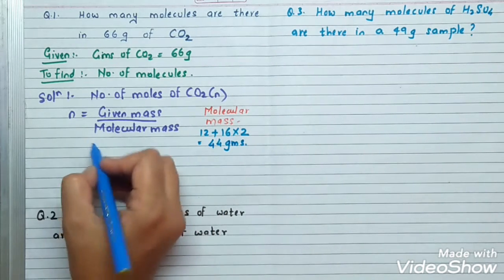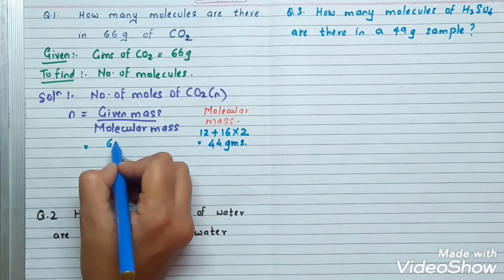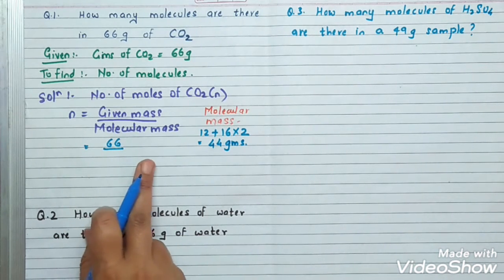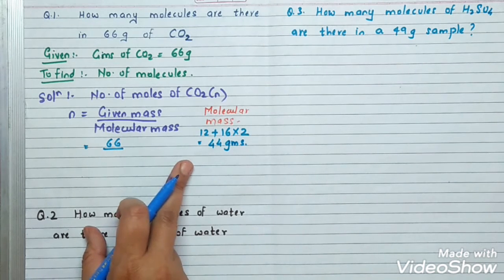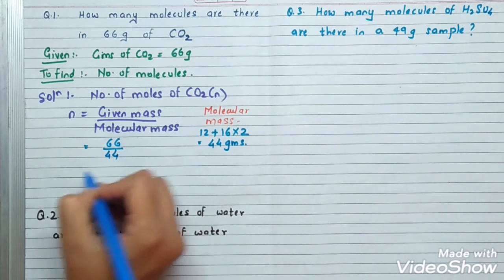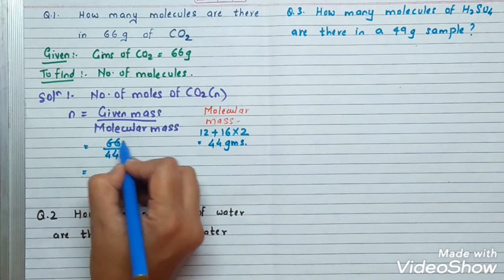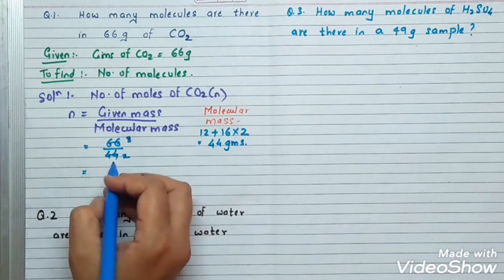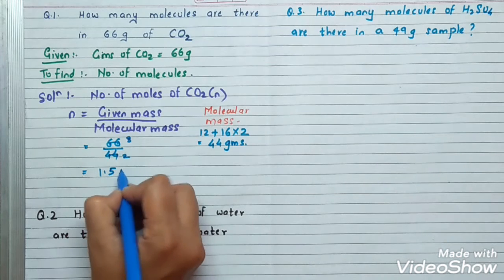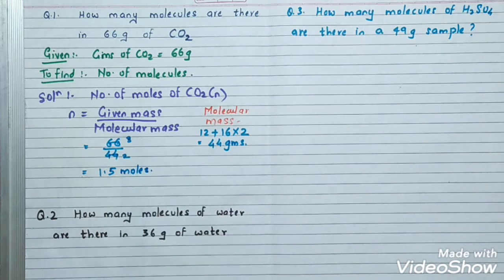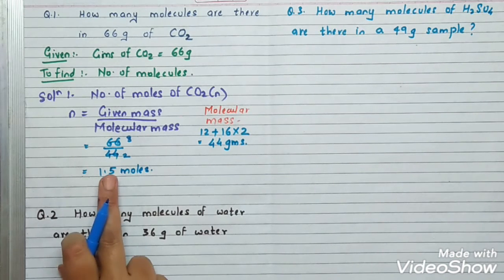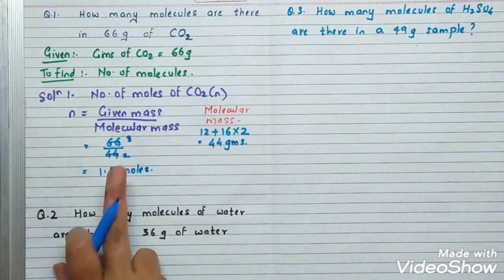So the given mass is 66 upon the molecular mass, 44. This comes to 3 by 2, that is 1.5 moles. How did I divide this? 22 twos are 44, 22 threes are 66.